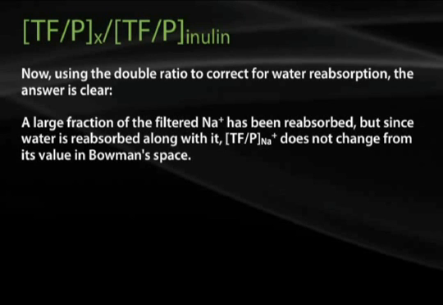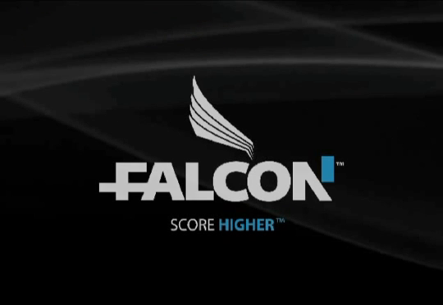This led to the confusion about whether sodium was reabsorbed in the proximal tubule. Now, using the double ratio to correct for water reabsorption, the answer is clear. A large fraction of the filtered sodium has been reabsorbed, but since water is being reabsorbed along with it, the tubular fluid to plasma concentration of sodium does not change from its value in Bowman's space.